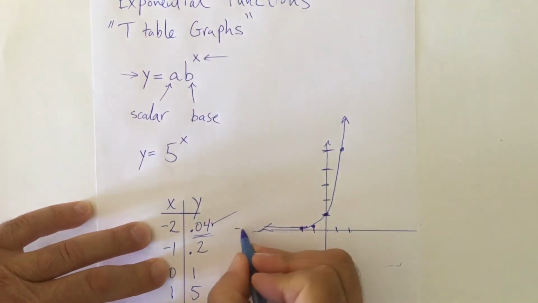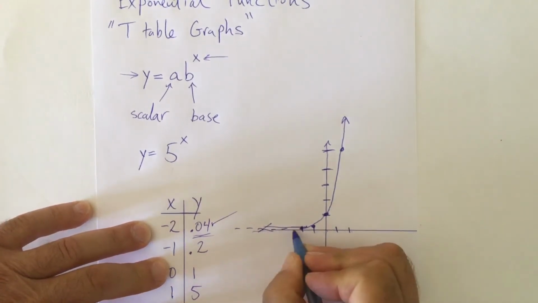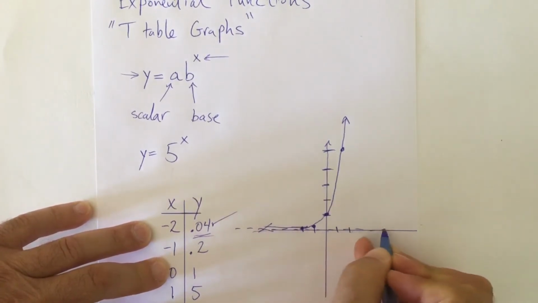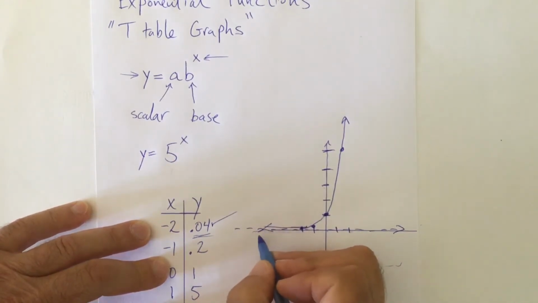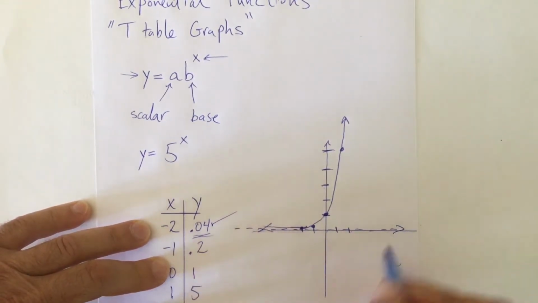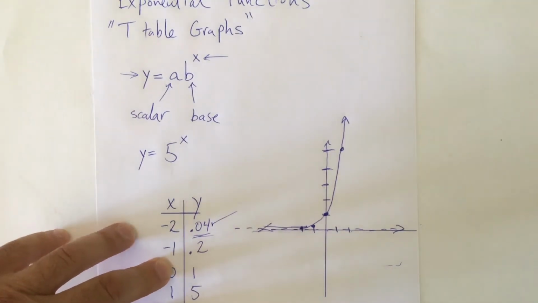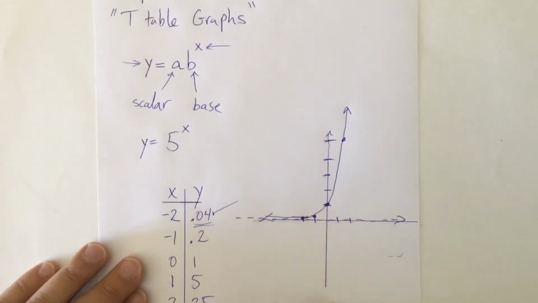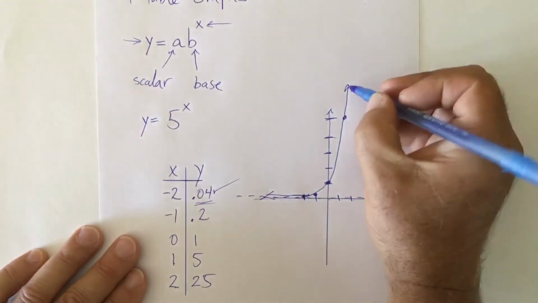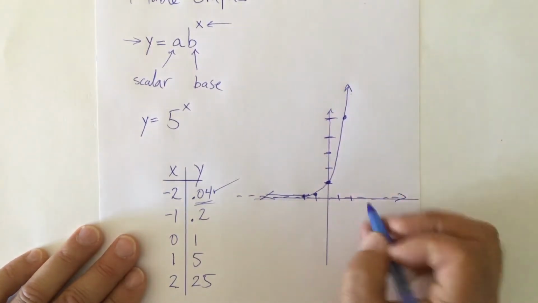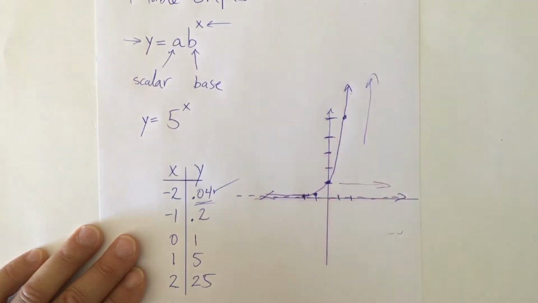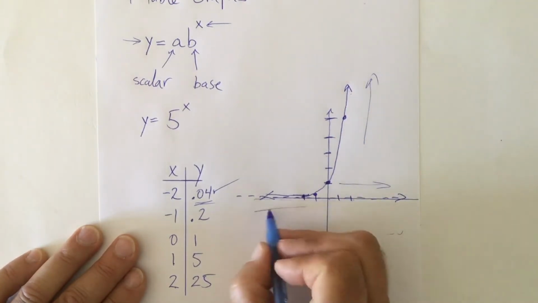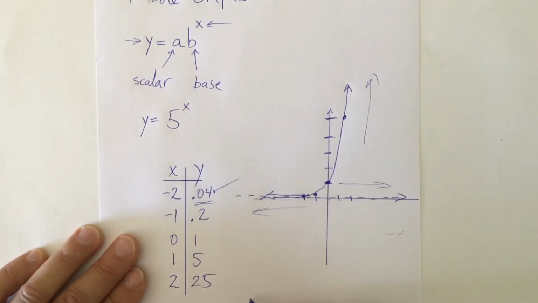Right here on the x-axis, there is an asymptote going through here. So the x-axis is where my boundary exists for this function. On this side of things, the farther and farther I go this way, the steeper and steeper this graph will get. But on this side, it's tinier and tinier and tinier.